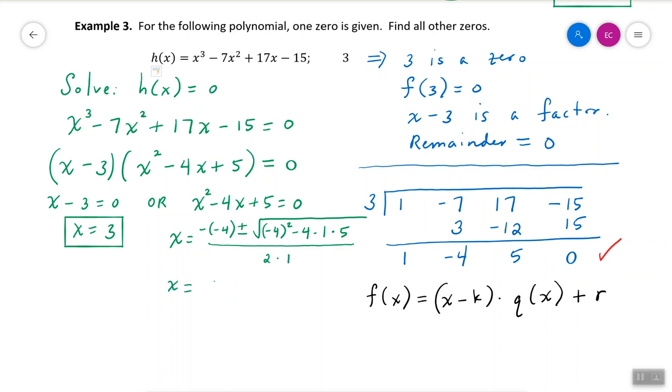And so we have x equals 4 plus or minus the square root of 16 minus 20, which is negative 4, all over 2.